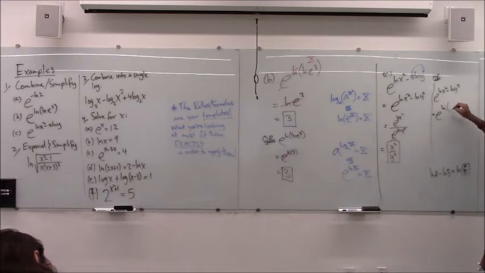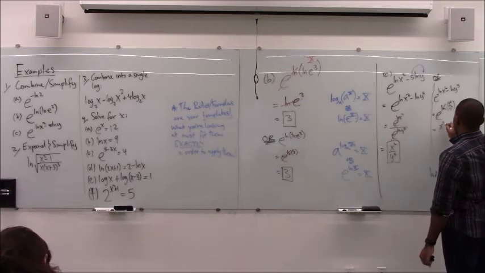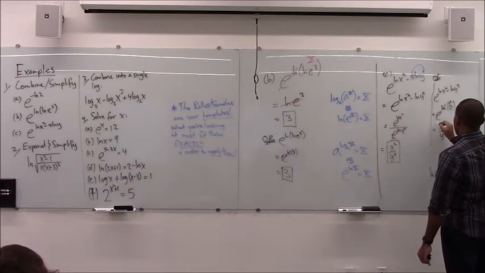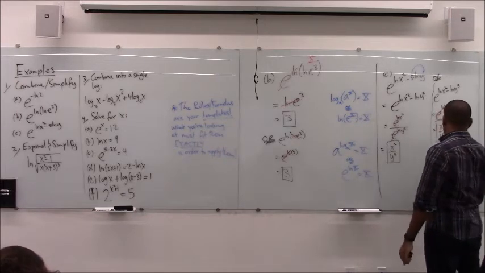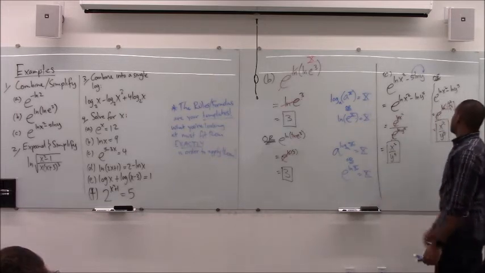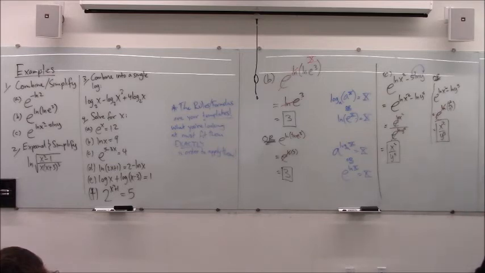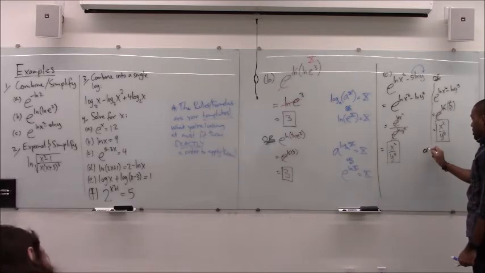So this you could think of as x squared divided by y to the 5th. Then that would cancel, and we again get x squared divided by y to the 5th. Apply that rule.